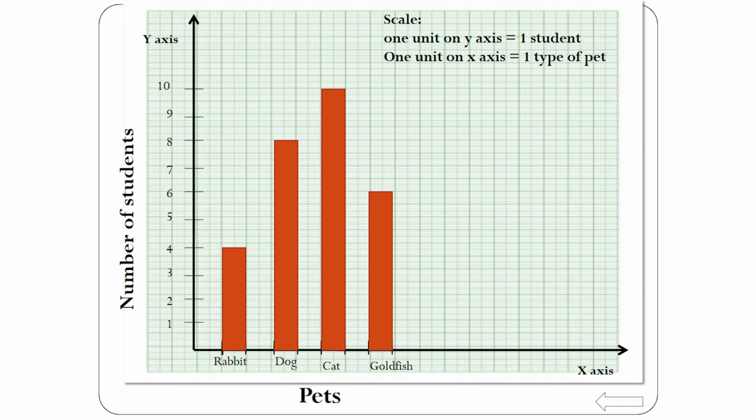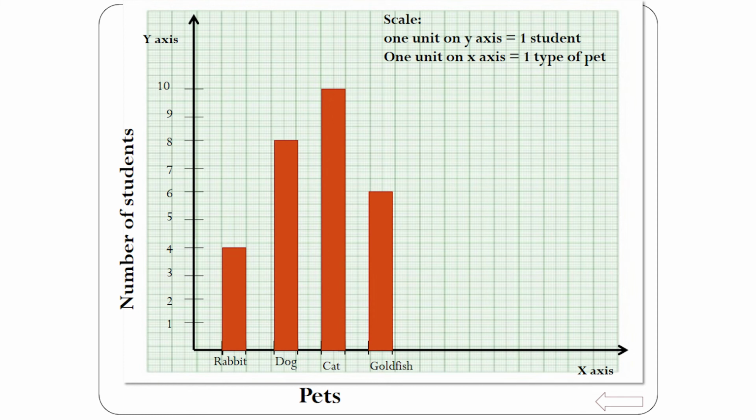On your x-axis, you will write your favorite pets, for example, rabbit, dog, cat and goldfish. On the y-axis, as you have chosen the scale as 1 student, you continue writing the numbers 1, 2, 3, 4, 5, 6, 7, 8, 9, 10.